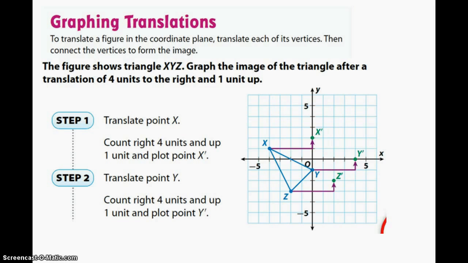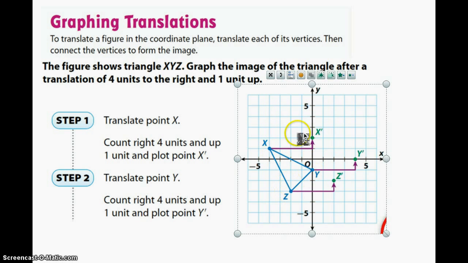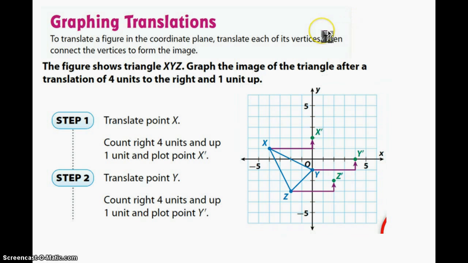So he gives us a triangle XYZ, and he says you want to graph the image. So XYZ is the pre-image, which we should know from the definition.